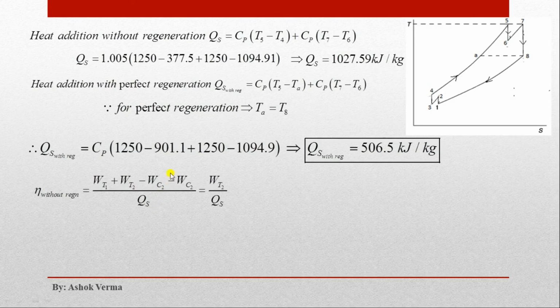Since WT1 is equal to WC1 plus WC2, which is given in the question, whatever you are getting from turbine 1 is going for the compression in stage 1 and stage 2. So WT1 will be cancelled out with WC1 plus WC2.